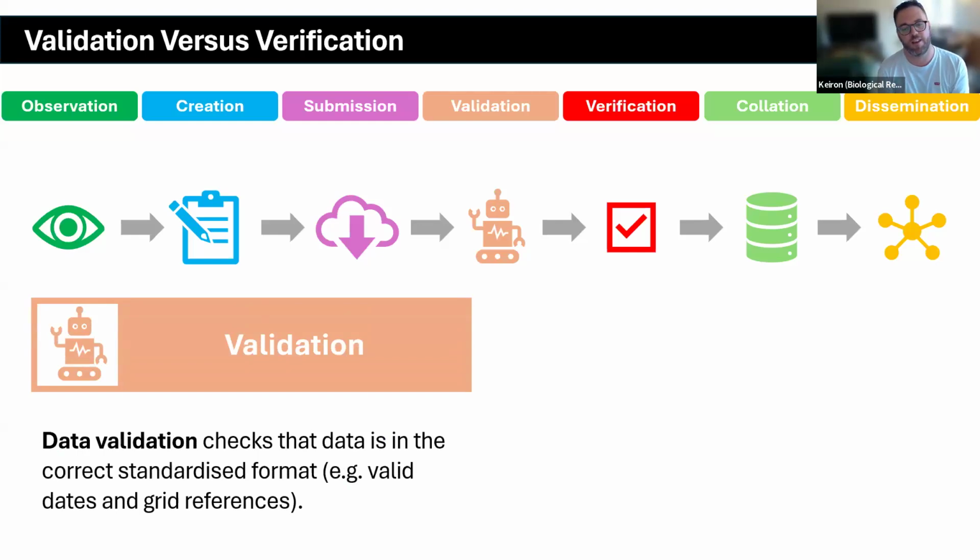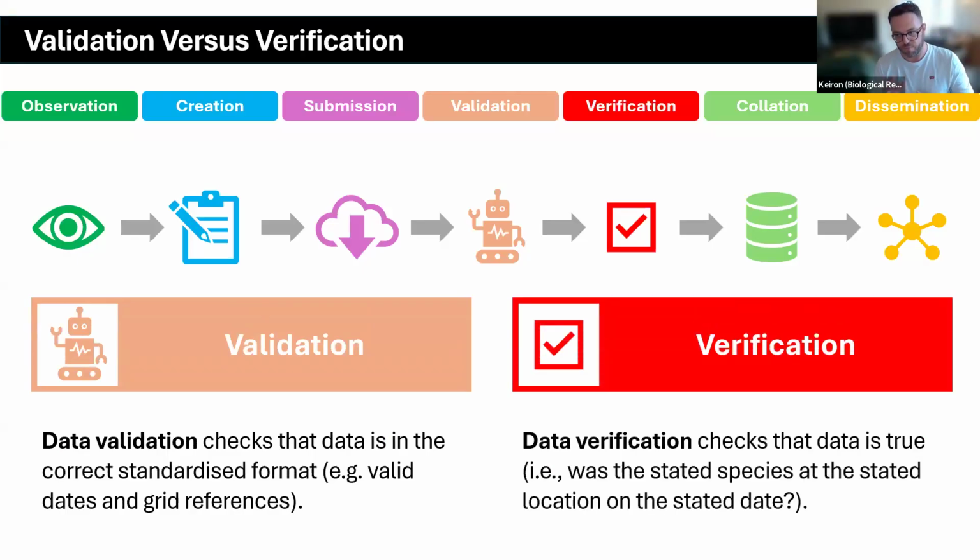So data validation specifically checks that the data is in the correct standardized format. So in terms of biological recording, this would be checking that we've got correct current species names, that we've got valid dates, and that we've got good references that are valid as well. In terms of verification, that checks that the data is likely to be true.